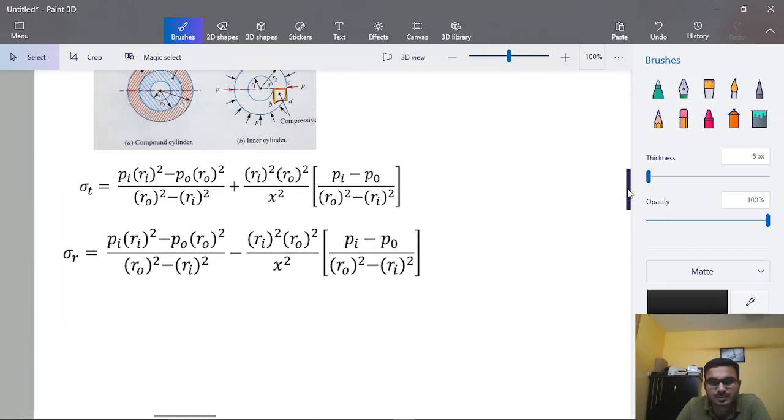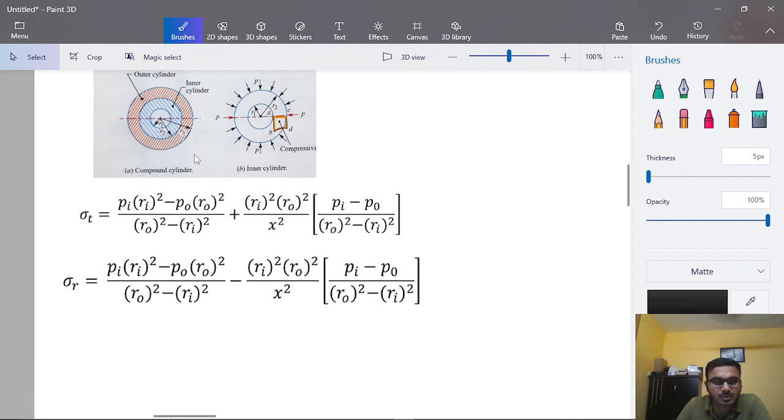These are the Lame's equations which are already derived. We have already studied this.